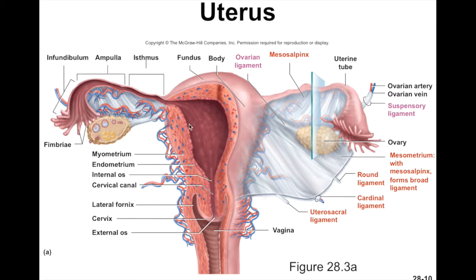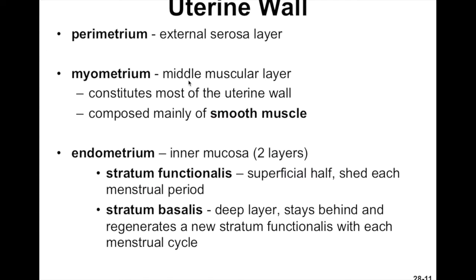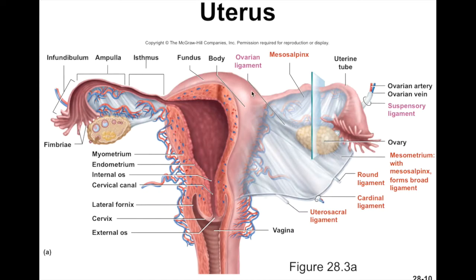And so you have the body of the uterus, which is the major section of the uterus. Then you have the fundus, or the top of the uterus here. Okay. As we go into the wall, you have the endometrium. This is what you shed every month when you get your period. All right, it's a mucosal layer. Then you have the myometrium. Now think about myo, right?